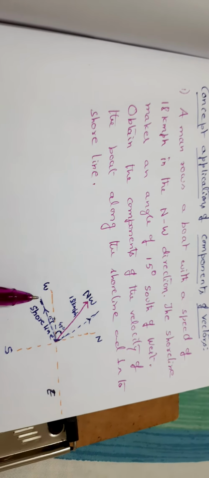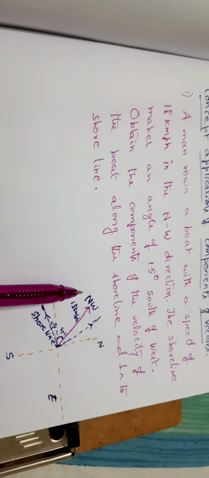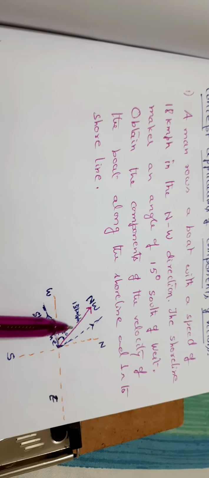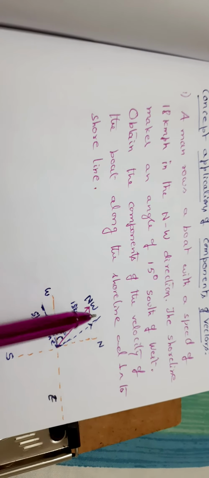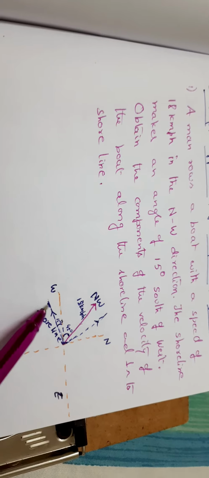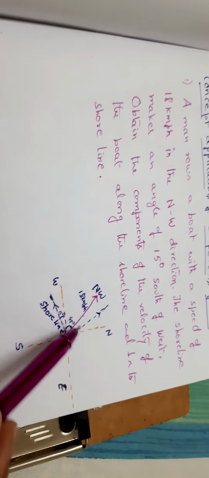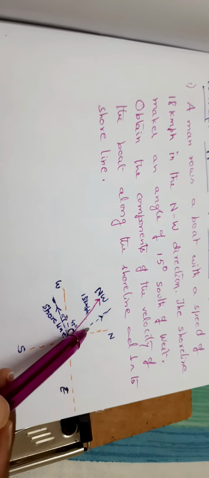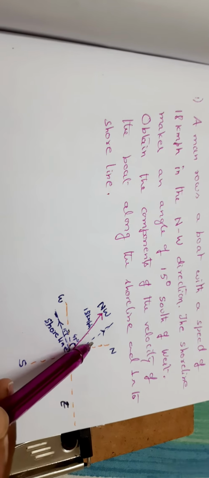Now, the problem is, if 18 km per hour is the velocity of the boat in this direction, resolve this velocity into two components, one along the shoreline. Obviously, the other will be the rectangular component of it, making 90 degrees with this, perpendicular to the shoreline.